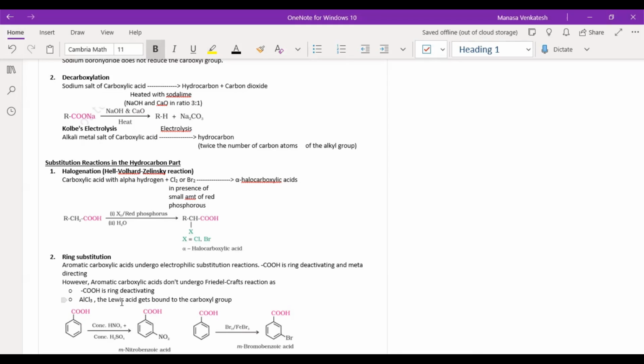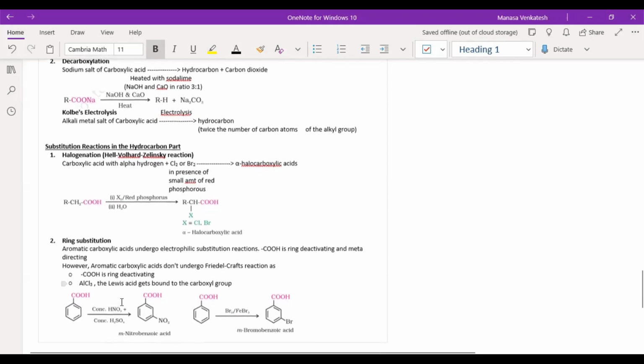But in the presence of COOH, it acts as a Lewis acid and gets bound to the carboxylic acid, so it does not help in the Friedel-Crafts reaction. Because of that, aromatic carboxylic acids do not undergo Friedel-Crafts reaction.